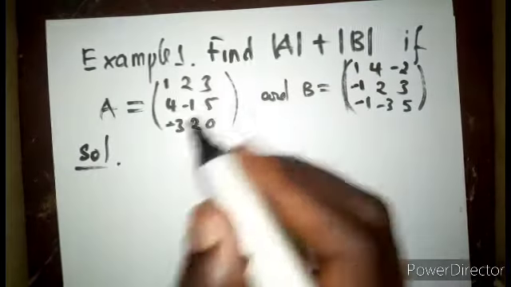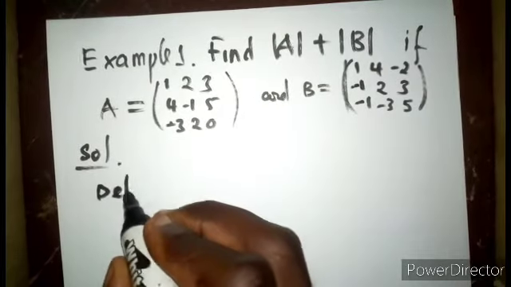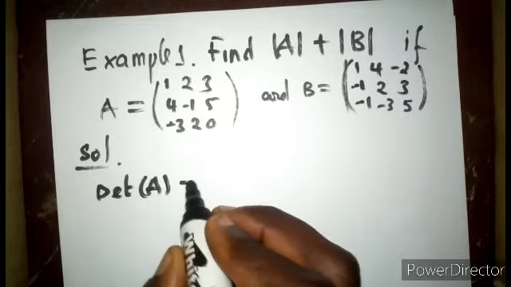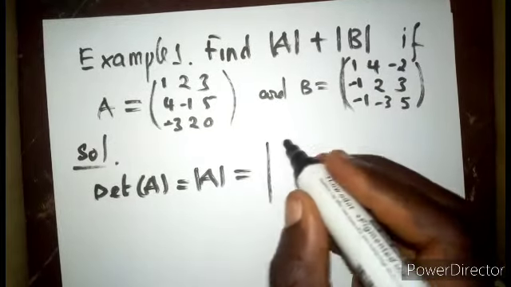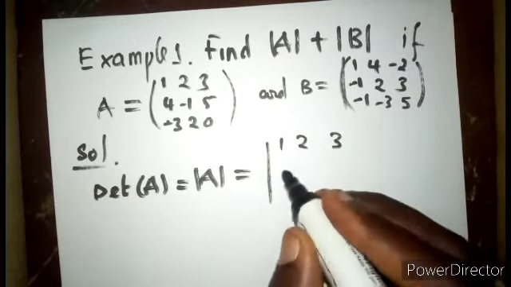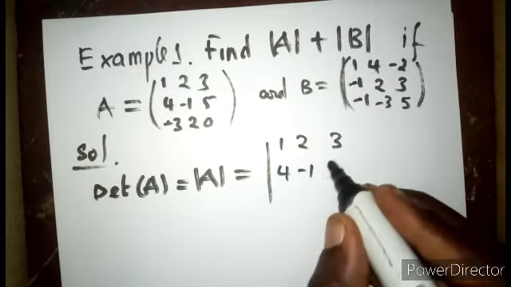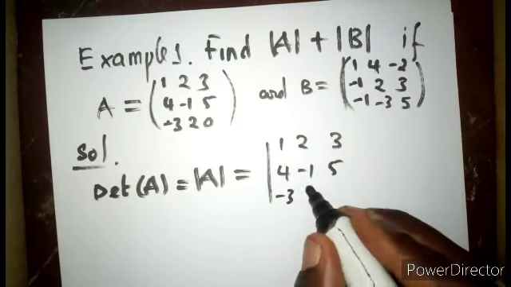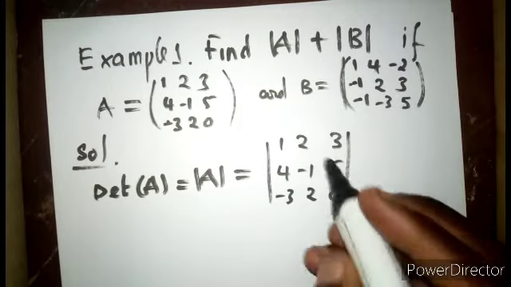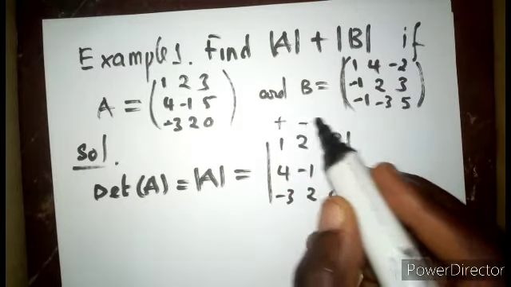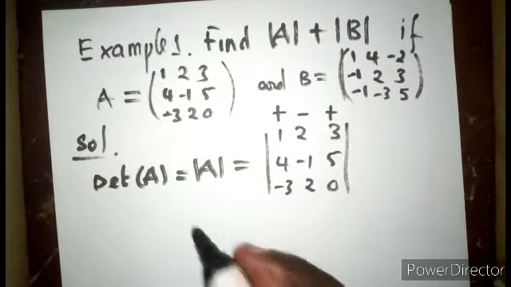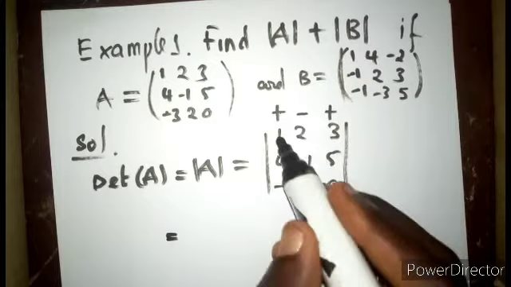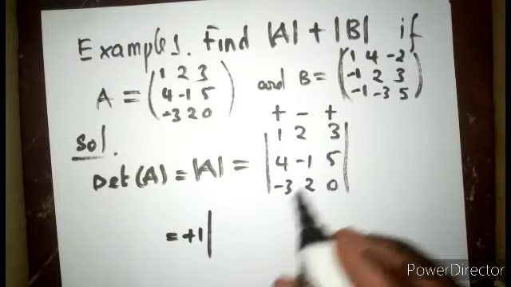We need to find their respective determinants. So the determinant of A is 1, 2, 3, 4, minus 1, 5, minus 3, 2, 0. Now the order of sign is positive, minus, positive. So that means we have positive 1 times the determinant of what?